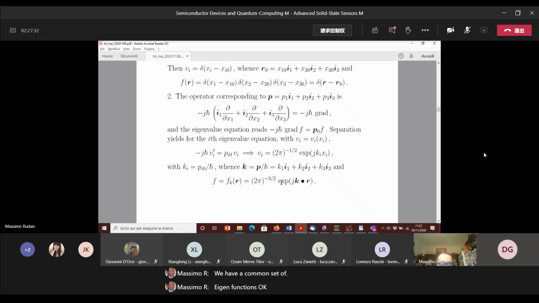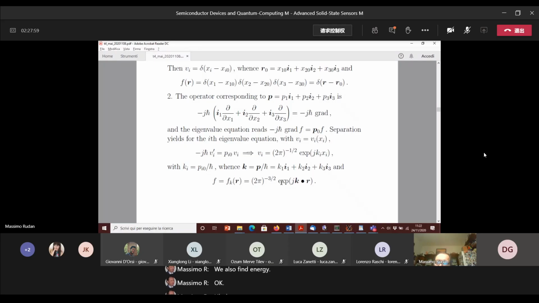Knowing whether two operators have a common set of eigenfunctions or not is important. Why? Well, let's continue to consider the case of the free particle. You remember, if we measure momentum, we also find energy.